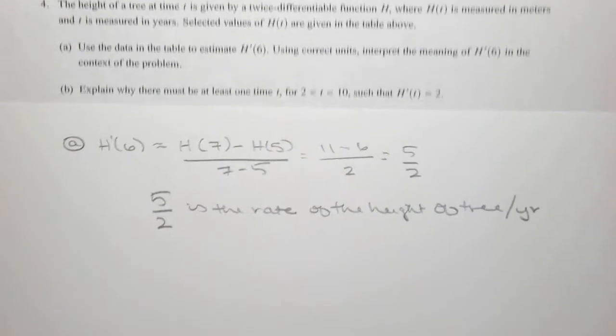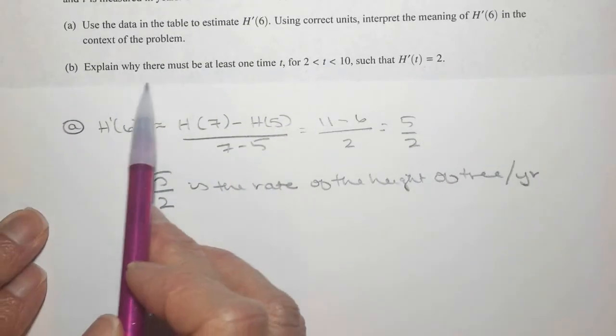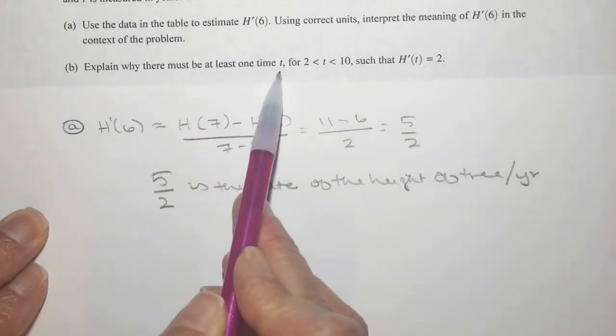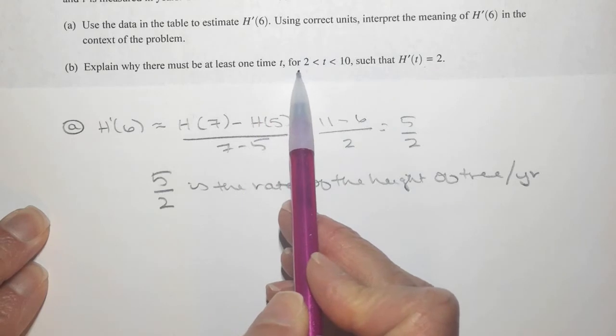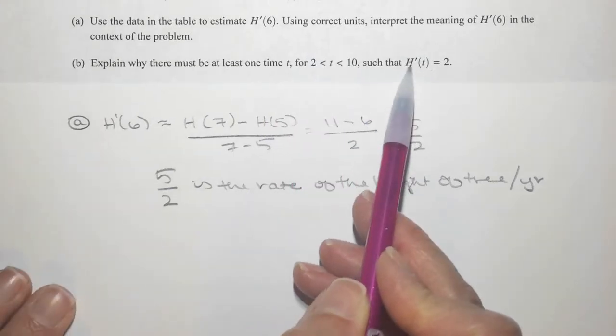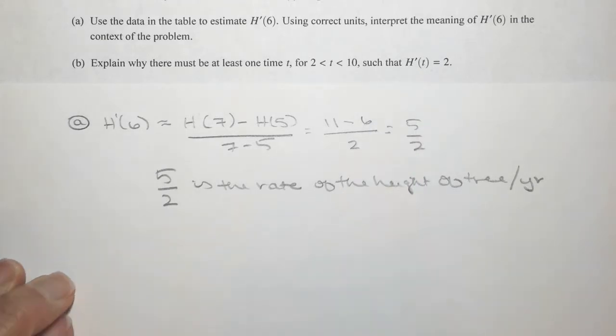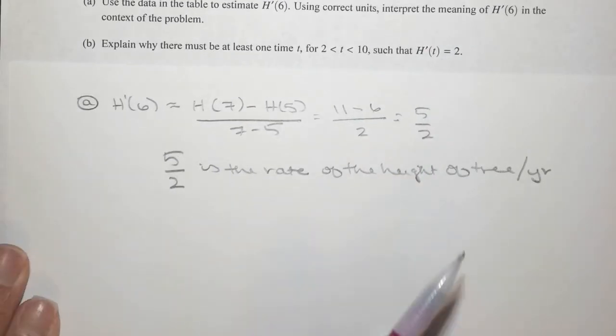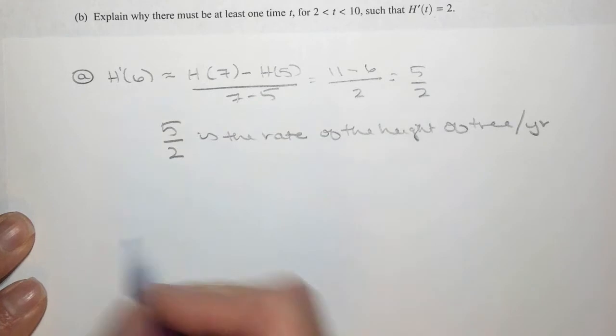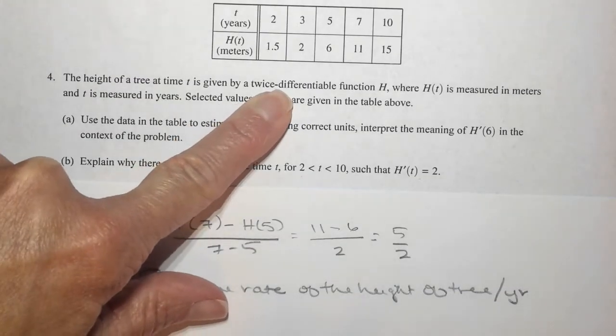Okay, so in part B, it says explain why there must be at least one time t in the given time interval from 2 to 10 such that h prime of t is equal to 2. Okay, so we had a problem like this in our example problems, and this is an example of the MVT. So let's state first what was given before, that this is a differentiable function, which means that h of t is also continuous.